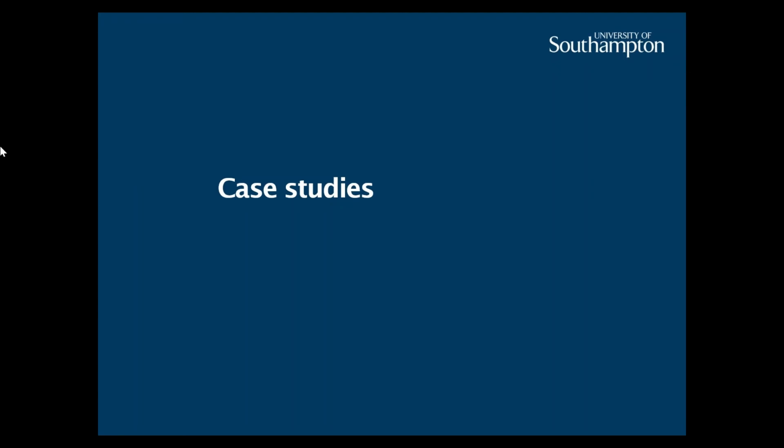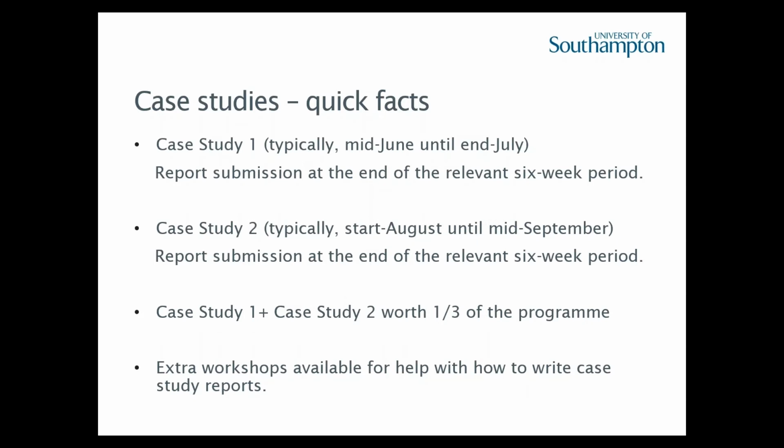As I said, the default option for the MSc Actuarial Science is to complete 2 case studies. So I'll talk a little bit about them. Each case study takes 6 weeks to complete, and at the end of 6 weeks, students submit their reports for the corresponding case study.